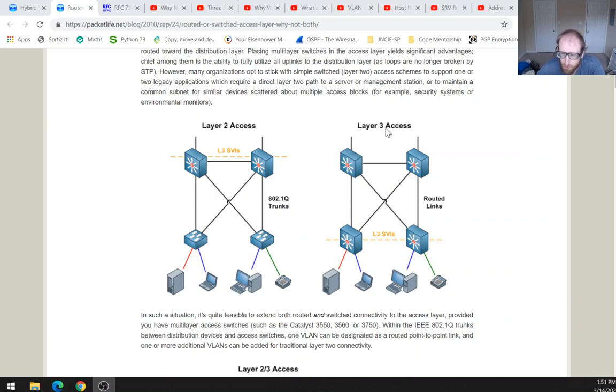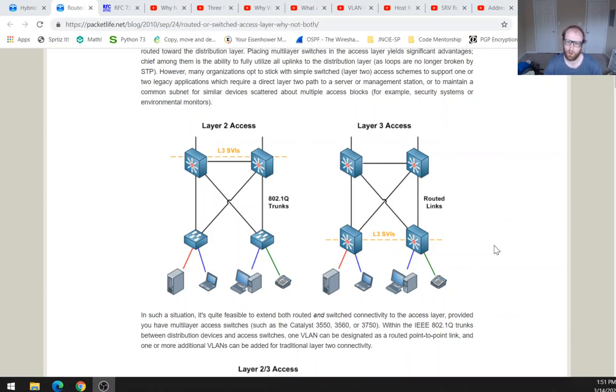The only real trade-off in the layer 3 access design is that you won't be able to handle specific edge cases.